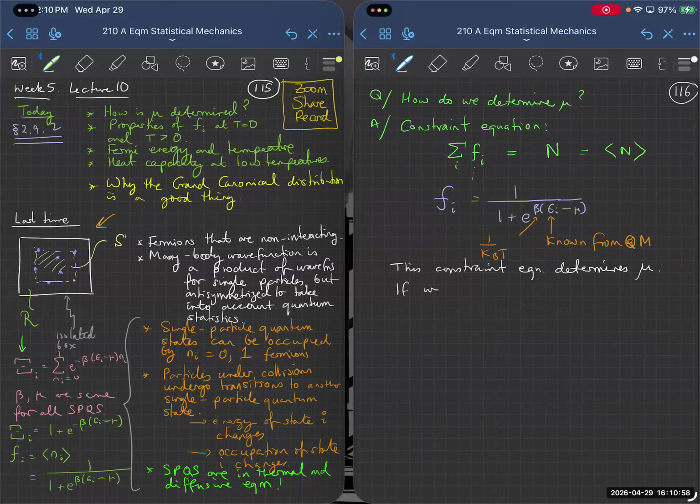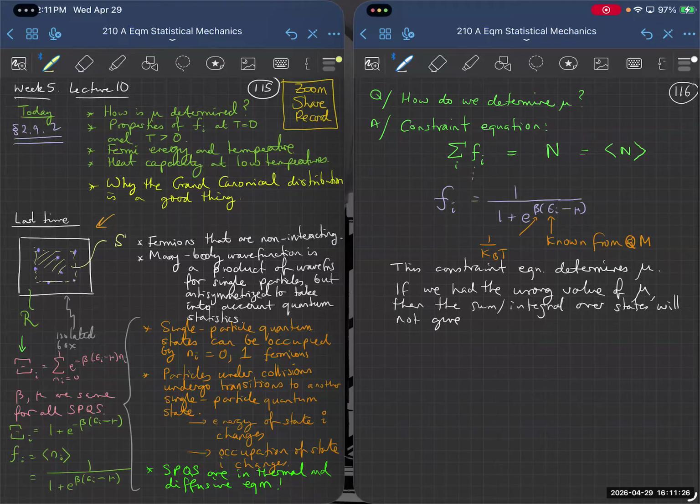If we had the wrong value of mu, then the sum, or in fact, summing over states turning into an integral over states, will not give the number that should be on the right-hand side.